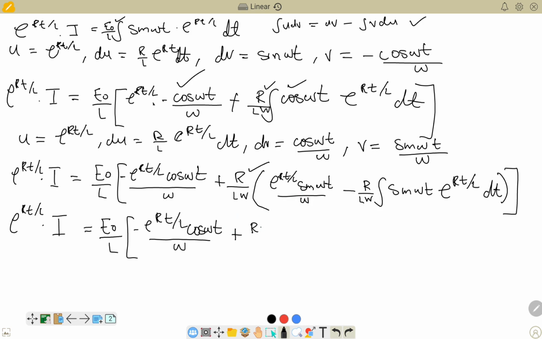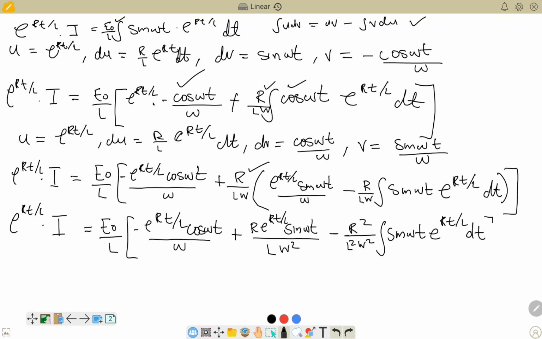I will have r e to the power rt over L sine wt over L w square, then minus r square over L square w square integral of sine wt e to the power rt over L dt.